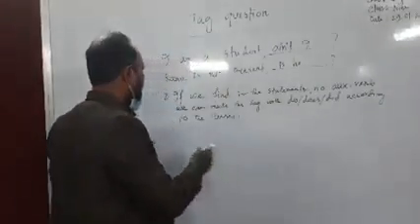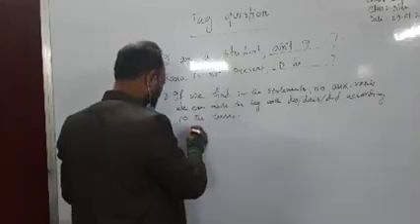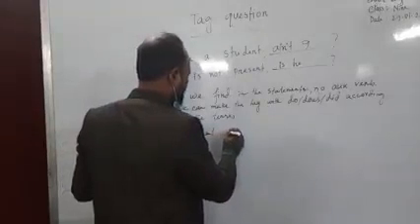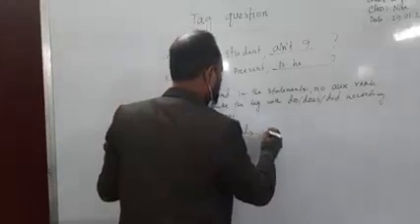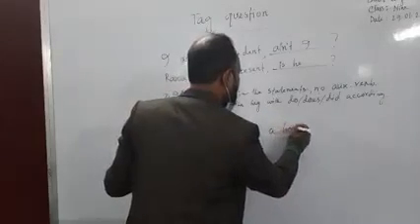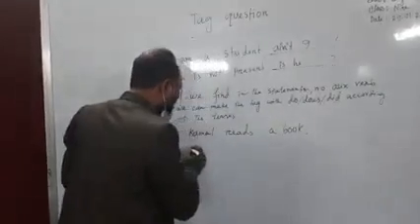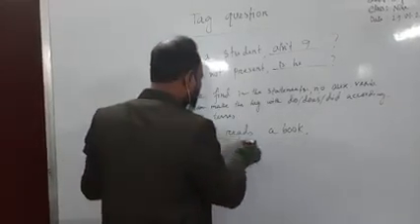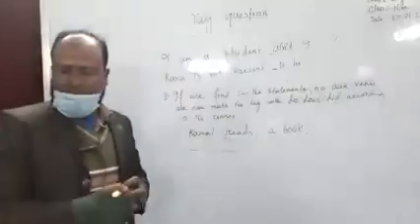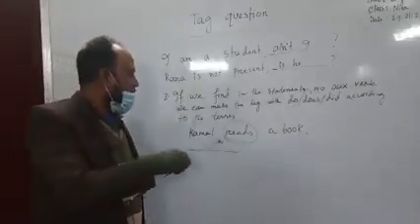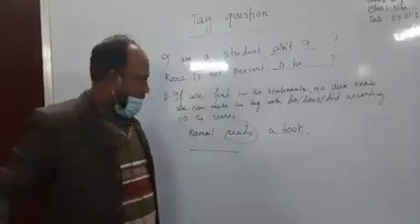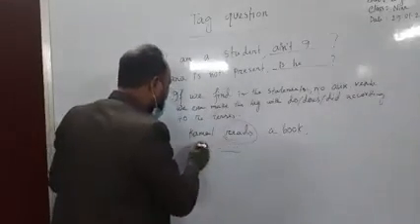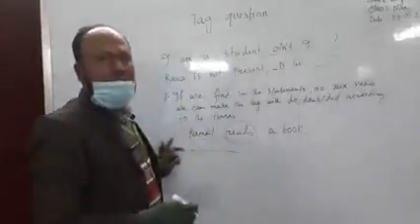Dear learners, as an example, Kamal reads a book. If you notice very carefully, you will find that there is no auxiliary verb. There is only a verb called reads. Kamal is third person singular.